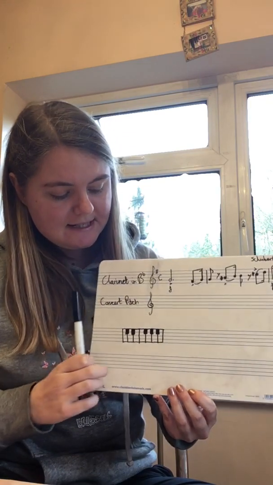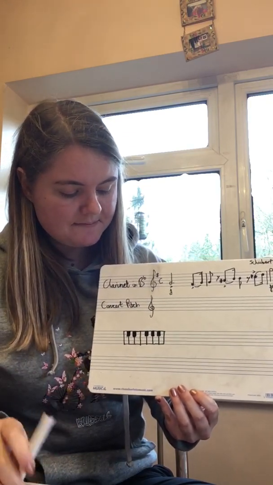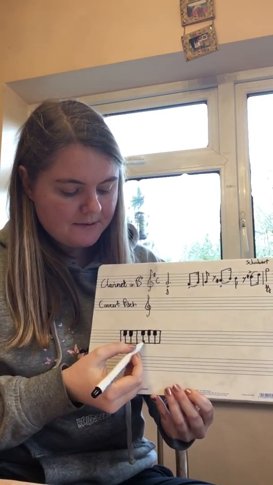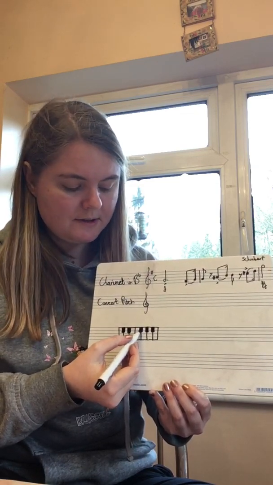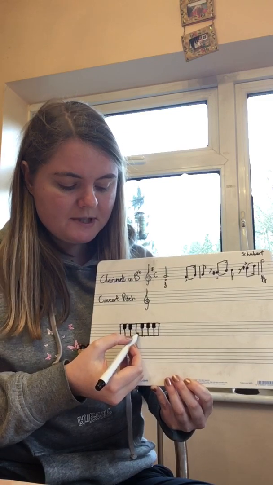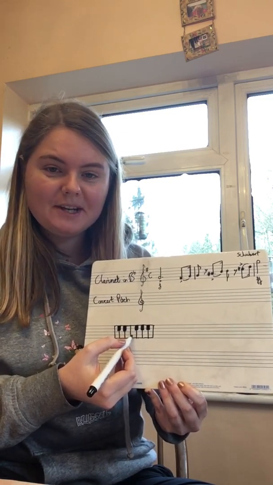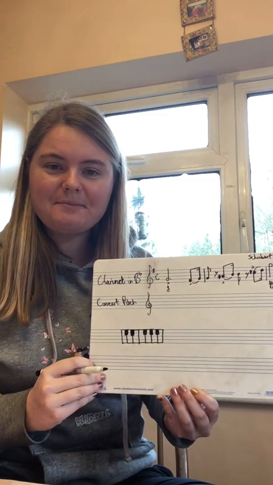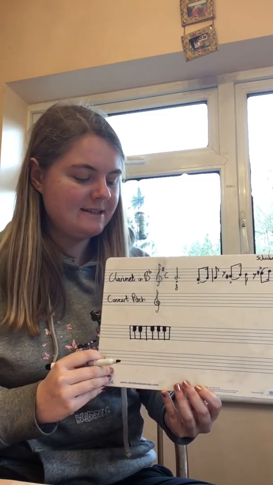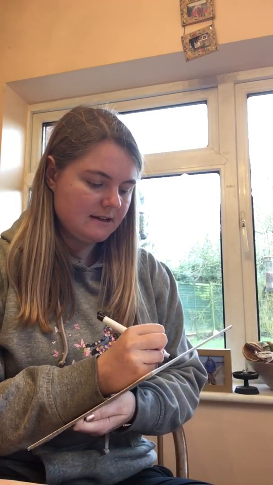So let's find our G on our little keyboard, which is here. And we're going to be transposing down a tone or 2 semitones, 1, 2, which leads us to F. So we know that we have to use the key signature for F major, which hopefully you know is 1 flat, B flat. So let's draw that in there.